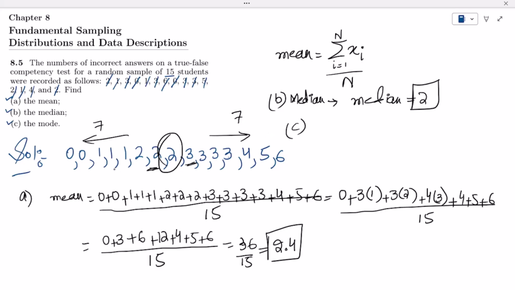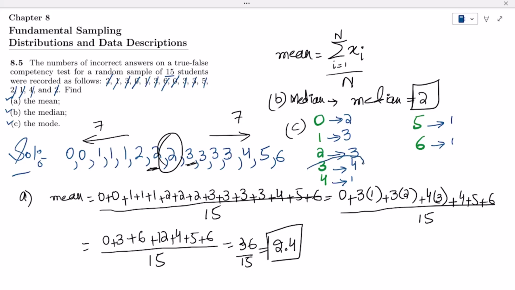Part C is the mode. I have to see how many times 0 is repeated, 1 is repeated, 2 is repeated, 3, 4, 5 and then 6 is repeated. 0 is repeated twice, 1 is repeated thrice, 2 is repeated thrice, 3 is repeated 4 times, 4 is repeated only once, 5 only once, and 6 only once.